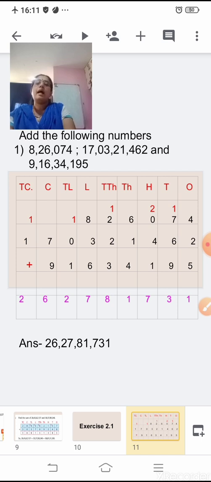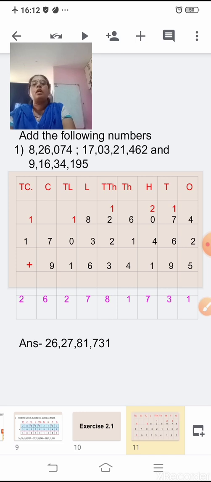So similarly, when I add the 10 lakh, crore and 10 crore columns, you get the answer as 26 crore 27 lakh 81,731. Okay, so whenever you are adding the numbers, you have to be very careful and see to it that you add all the numbers which are carried over to the next place.